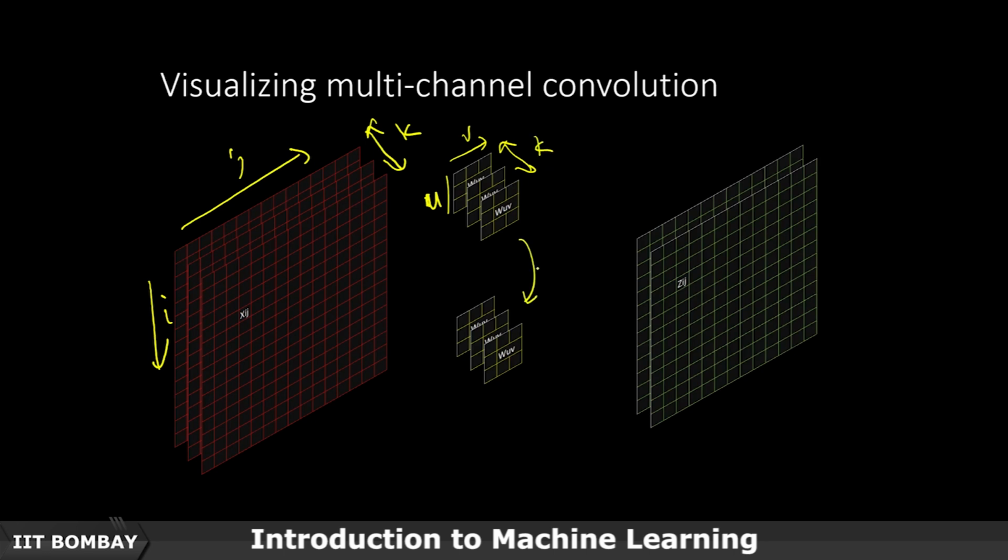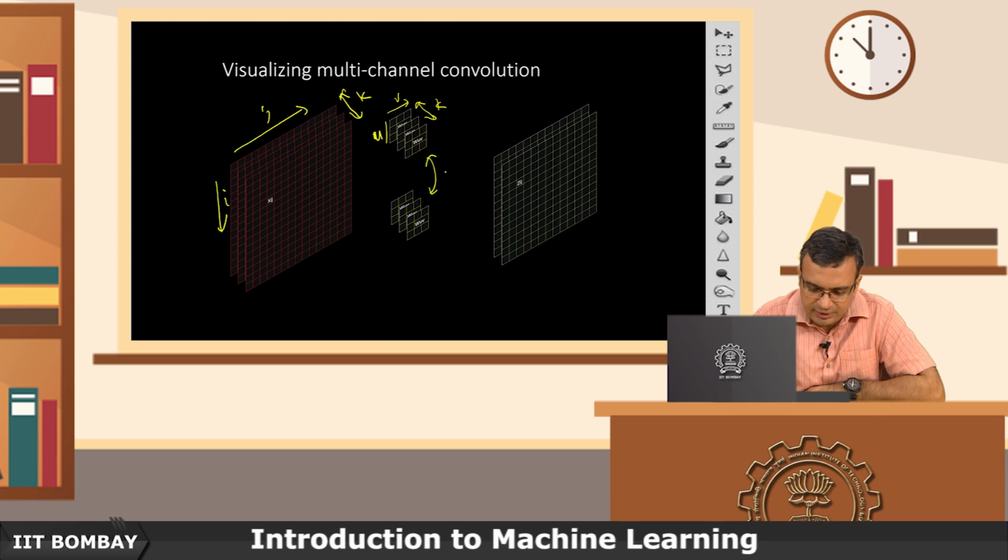But then we have multiple kernels, one detects horizontal edges, the other detects vertical edges, etc. So for these multiple kernels, the index for the kernel is going to be m. Okay. So now I have m different outputs, and again the indices are i and j.